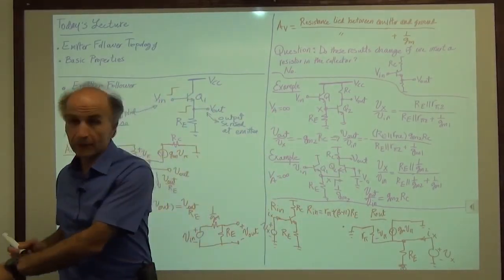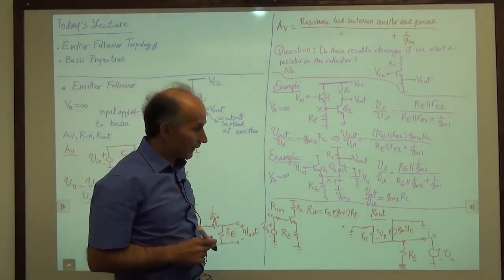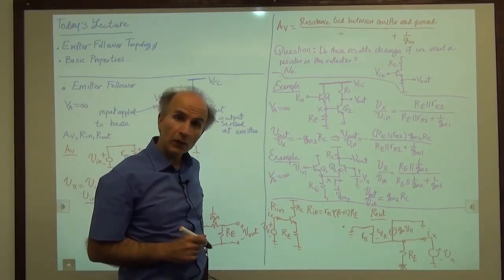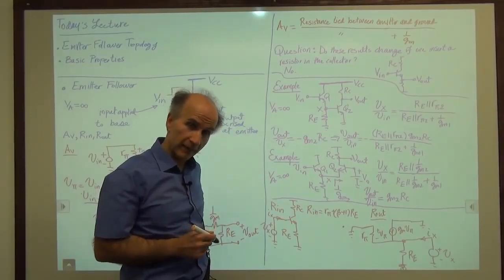Okay, so what can I observe before I jump into the equations? Well, RE goes from emitter to ground. In other words, RE is exactly in parallel with Vx.